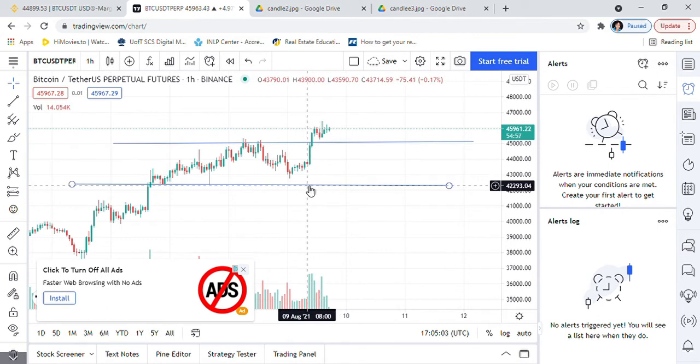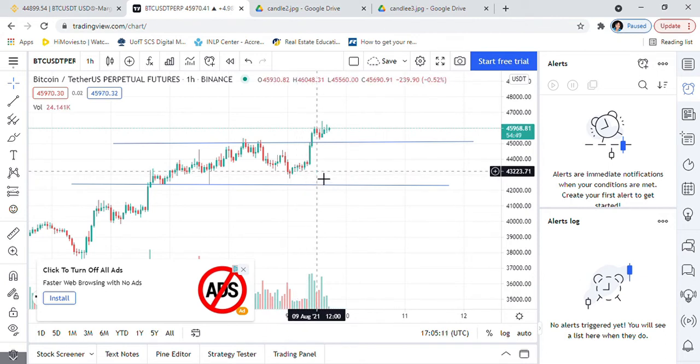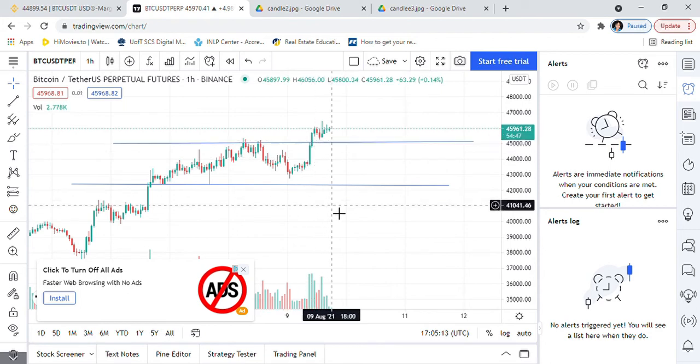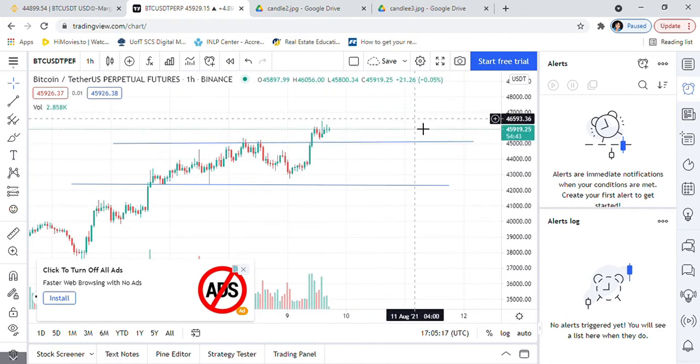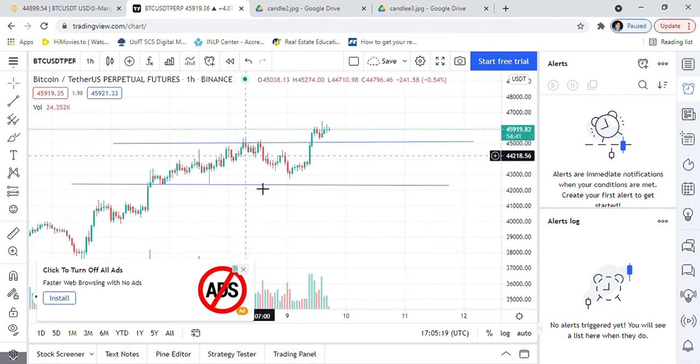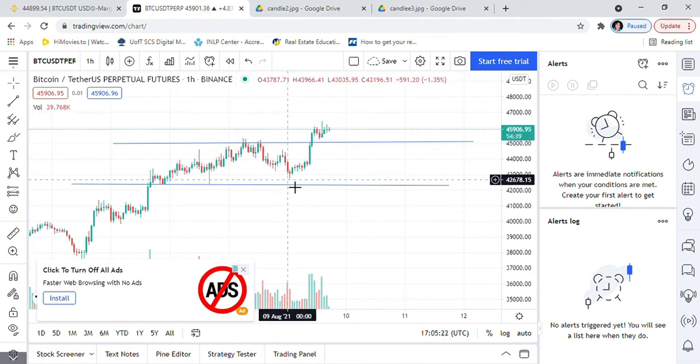You don't ever want to get out exactly at the support. You want to get out at least a few points above the support, just to be safe. And you keep doing that until eventually the price has to either break upwards or break down. But you can use this technique to make money very, very quick.